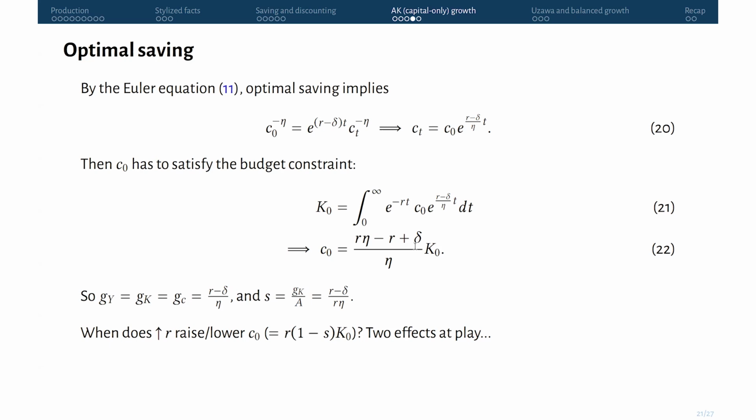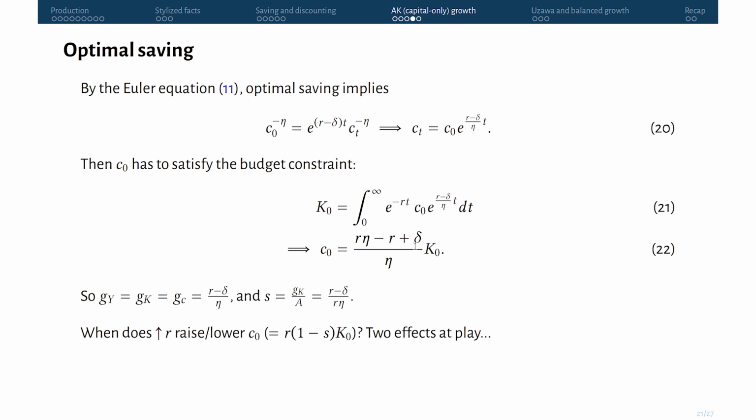So if eta is greater than 1, that is if consumption is not so substitutable between periods, if the inverse elasticity of substitution is greater than 1, then a higher interest rate makes you consume more now. You don't care so much about getting richer still in the future. So when the interest rate goes up, you take that largely in the form of increased consumption now, and you save less for the future.